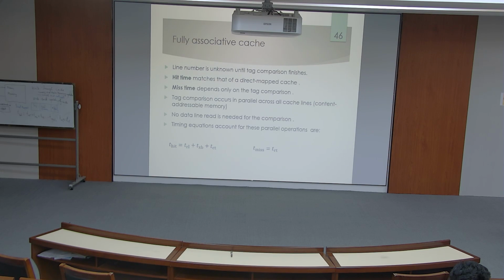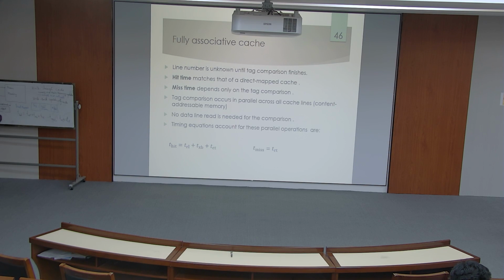Then we have the miss time, which depends only on the tag comparison. So for fully associative we have the same hit time as the direct map, but the miss time is totally different because it only takes into account the comparison time.